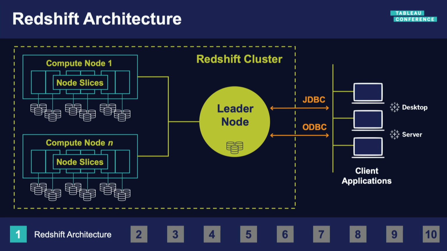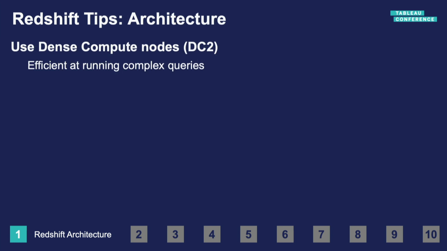All right, so our first tip is a Redshift tip, and you'll see that I'll have Redshift tips followed by Tableau tips. They're usually related, and the Tableau tips are mostly about desktop or dashboard creation. So on Redshift, there's two types of nodes based on their configuration. Dense compute and dense storage.